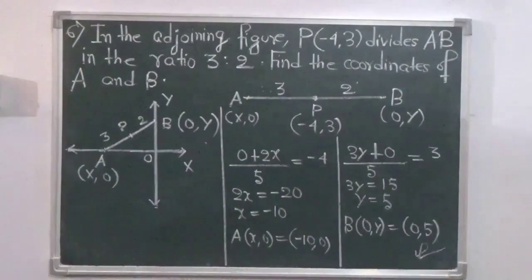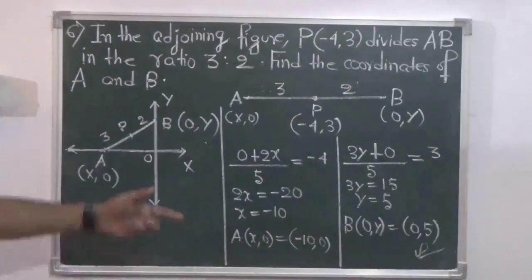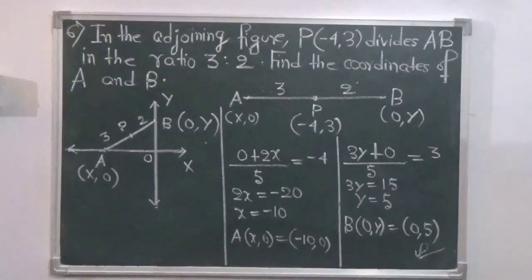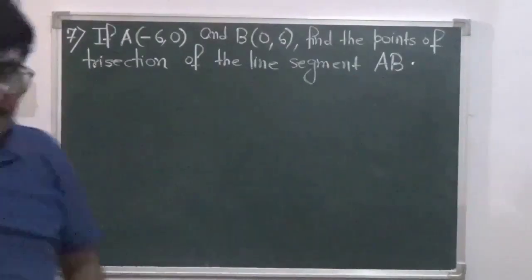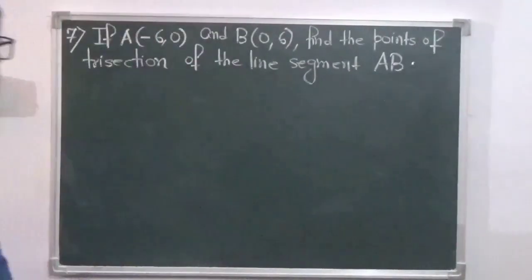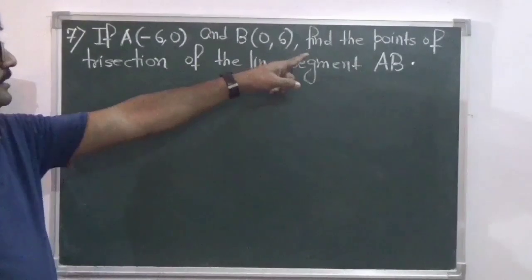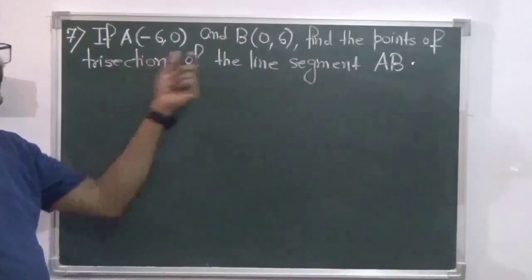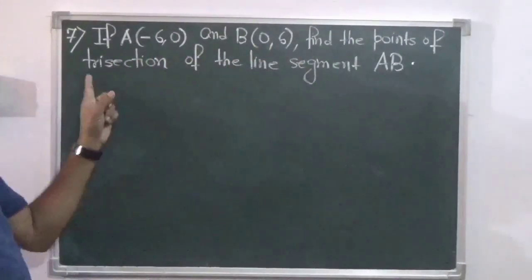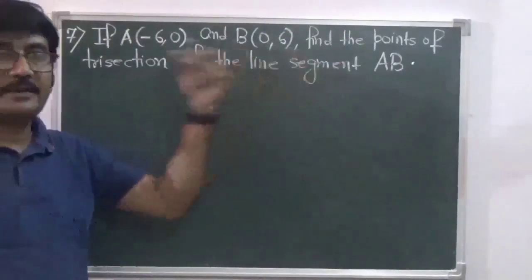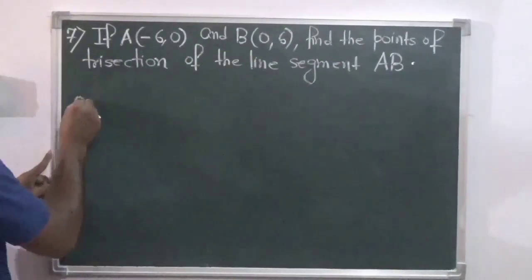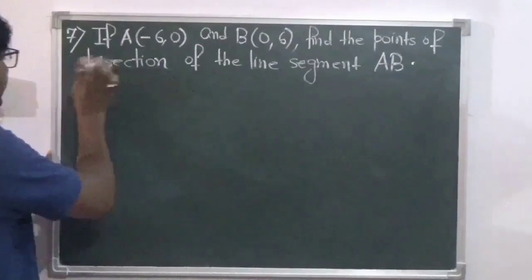Okay, it's clear now. So let's move on to the next question, question number 7. If A (-6, 0) and B (0, 6) are the coordinates of the points A and B, find the points of trisection of the line segment AB. So let us now draw the diagram here.